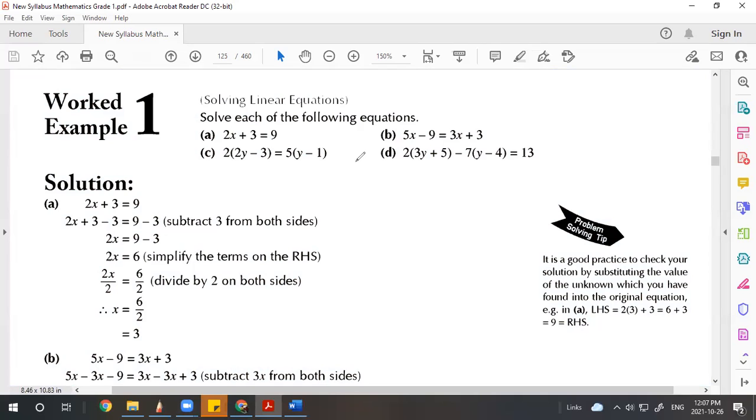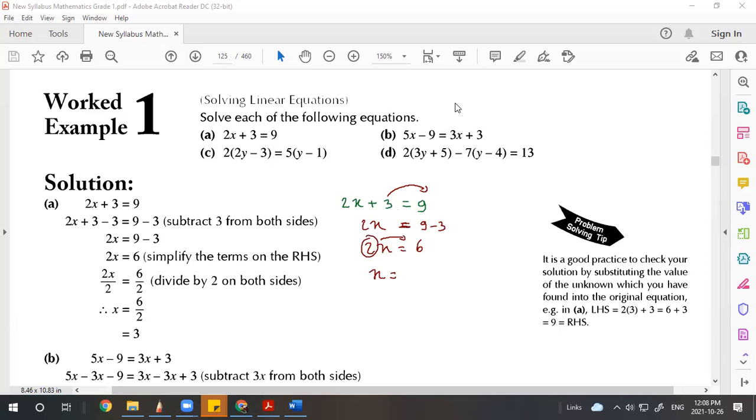So for number A, our example A: 2x plus 3 equals 9. I just rewrite it one more time. And what to do? You move the 3 to the right side because we want to solve for x. Because if we want to solve each of the following equations, we have to solve for the unknowns. You move the 3 to the right side and it becomes 2x equals 9 minus 3, right? Because it's changing its sign. 9 subtract 3, so 2x equals 6, and x equals, you move the 2 to the right side.